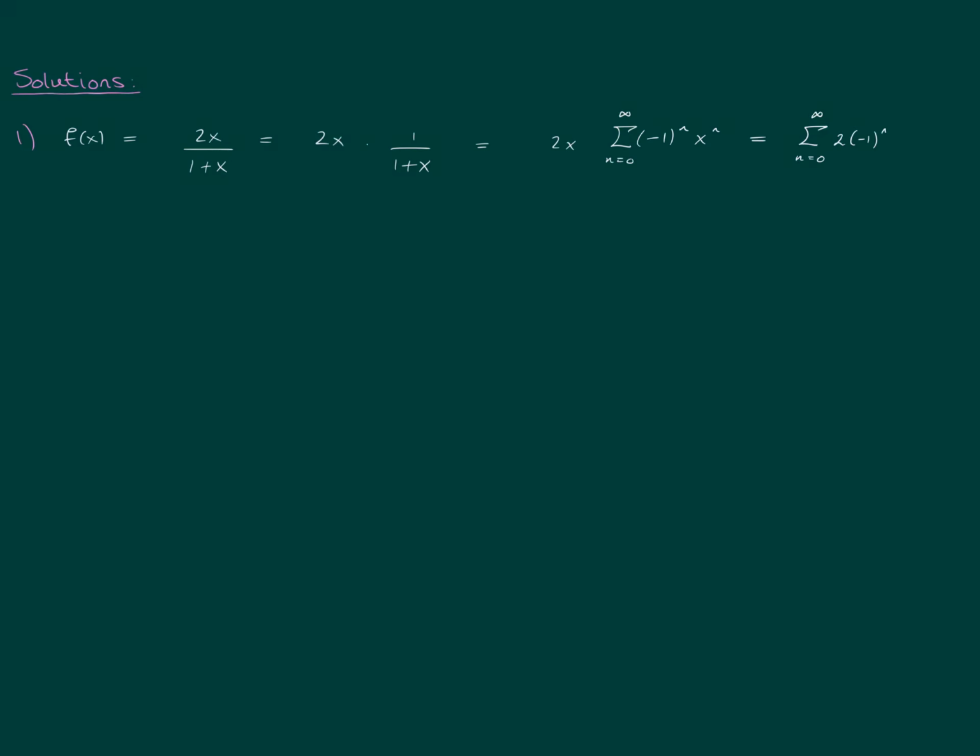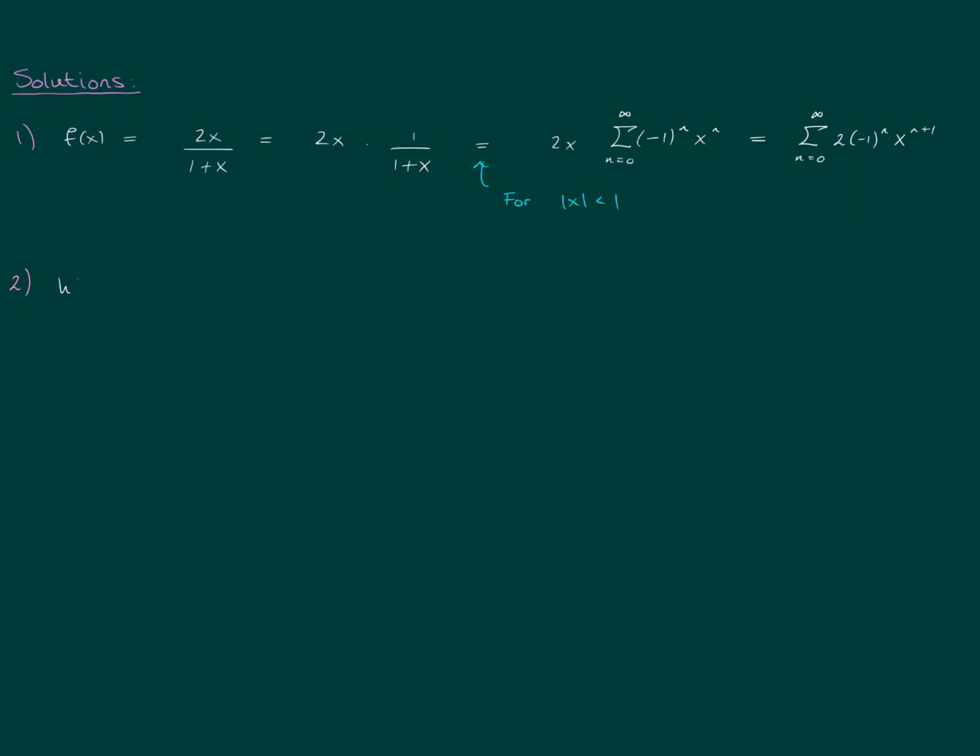We have 2 out in front, and then the x times x to the n is x to the n plus 1. And again, this equality here is only valid for absolute value of x less than 1. So we've successfully expanded f, and we know where this expansion is valid.